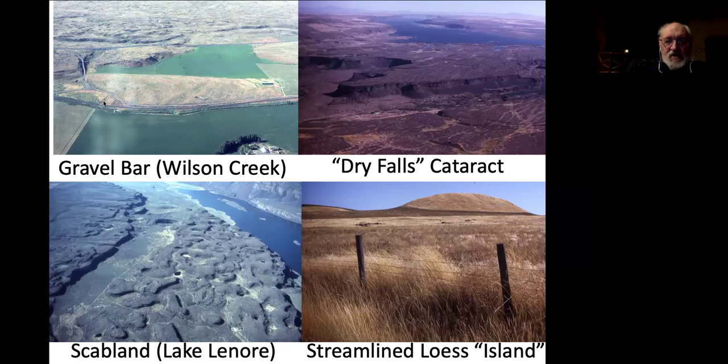In addition, there were deposits of the sediment that was carried by these massive floods. And up in the upper left is one near Wilson Creek in Washington. You can see that there's a road that cuts across this, and this feature is very large. There's buildings on it.